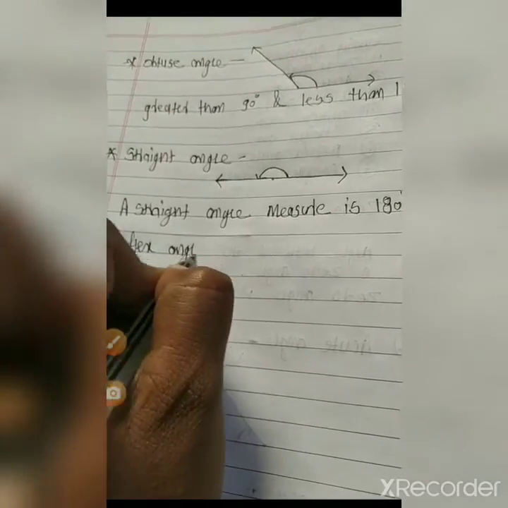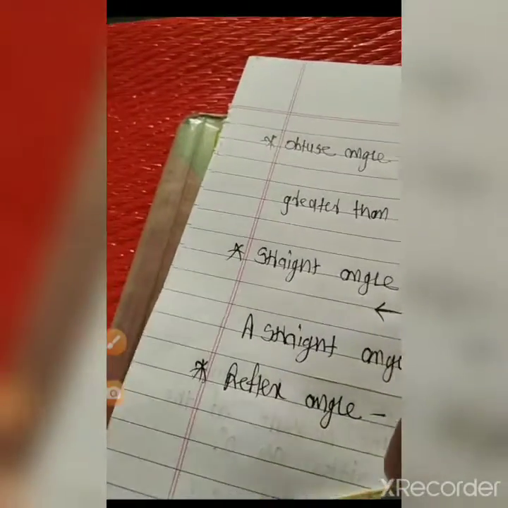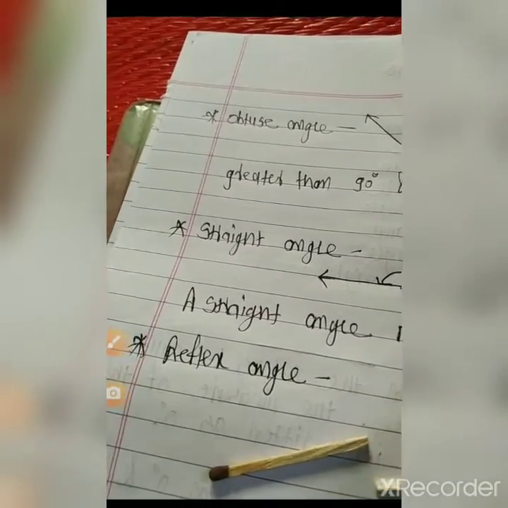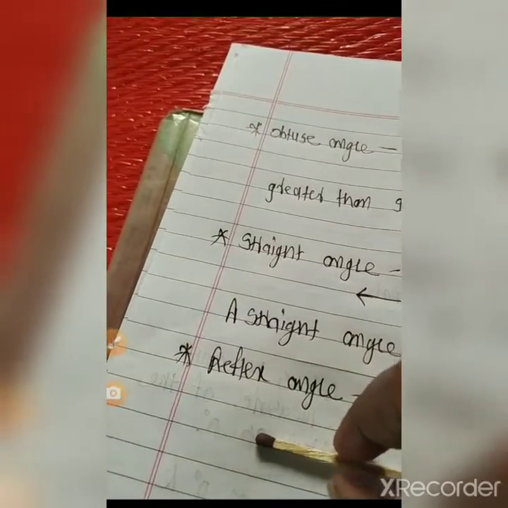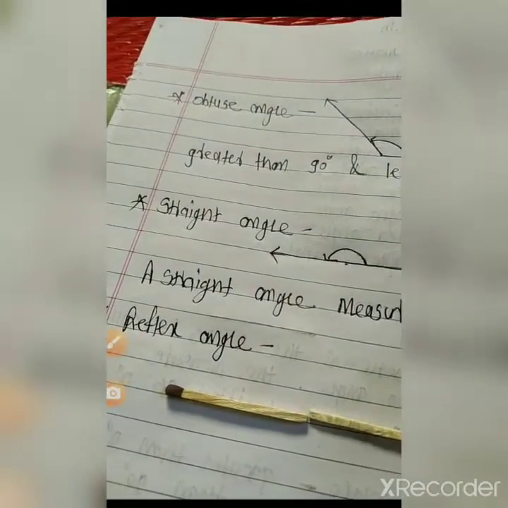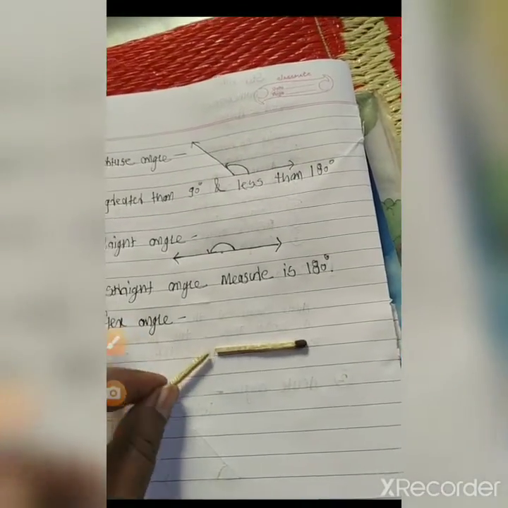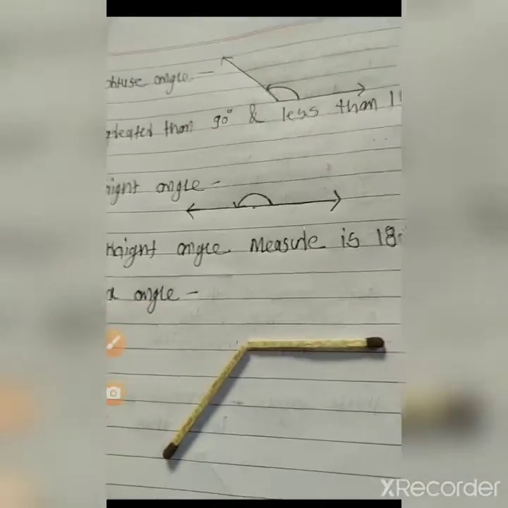Reflex angle. Take two sticks. Now we see this is a straight line, that is a straight angle. Now move the second stick along the clockwise direction like this, greater than 180 degree.